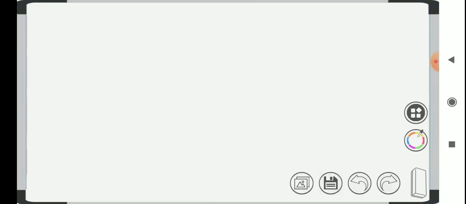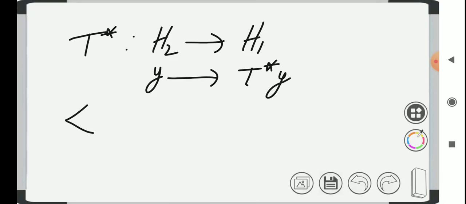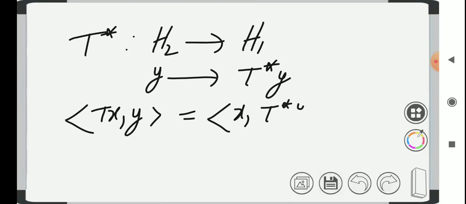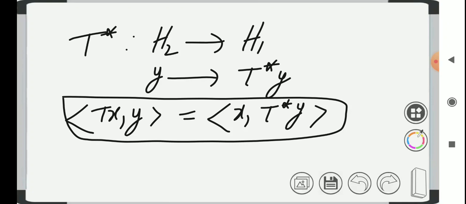That is, we have a mapping T star from H2 into H1, which takes a vector y here and associates T star y in H1, but it should satisfy this relation, otherwise it will not hold. Each element in H2 should satisfy the relation: inner product of Tx, y equals inner product of x, T star y, for each y in H2 and each x in H1.